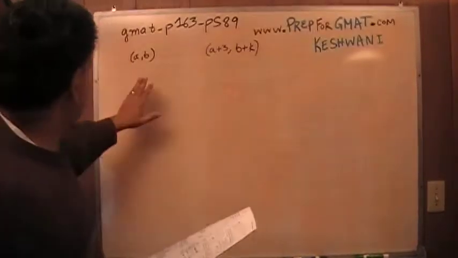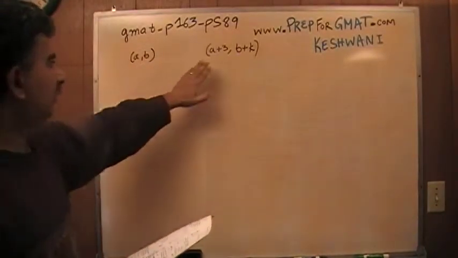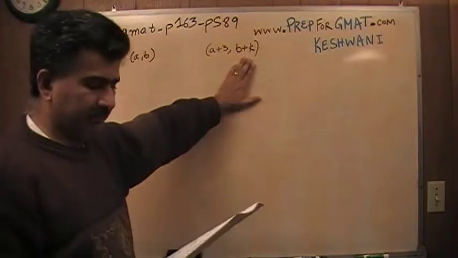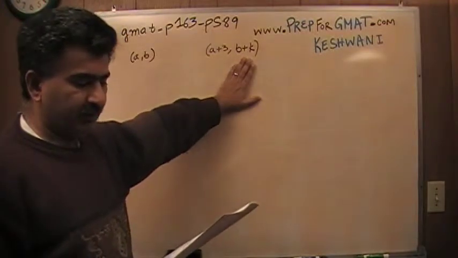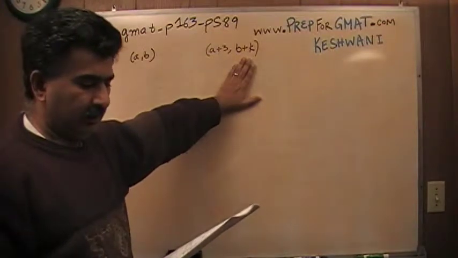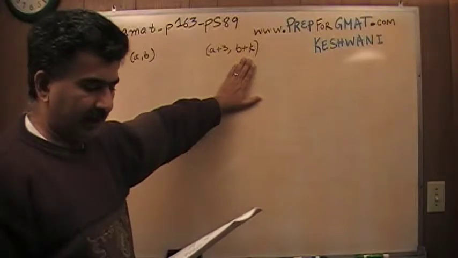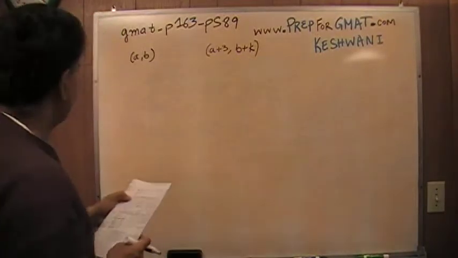These 2 points, this point with the coordinates a and b and the coordinates a plus 3 and b plus k, are the 2 points that we are told are on the line defined by the equation, and here's the equation that is given to us.